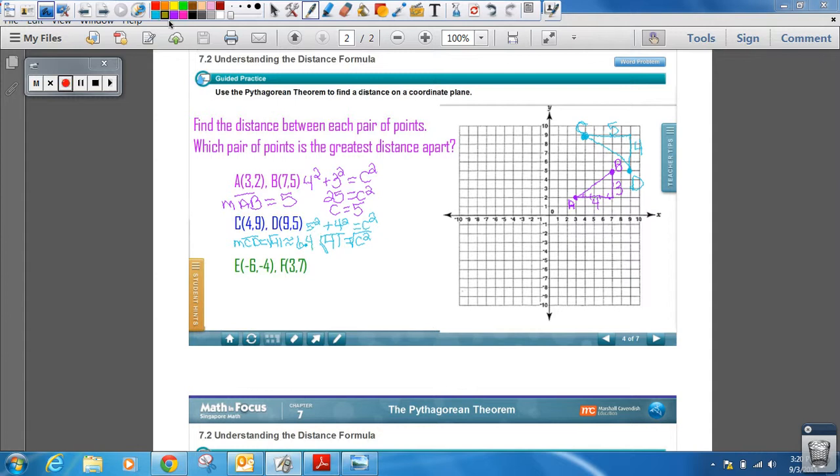And my last one here is e to f. So e is -6. I'm going left, -4 down. That's my e. F is at 3, 7, so this looks like a very long one. So we have F. We're going to connect those, and then I'm going to make this a little bit thicker here.